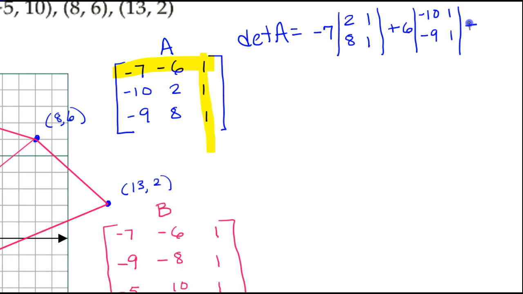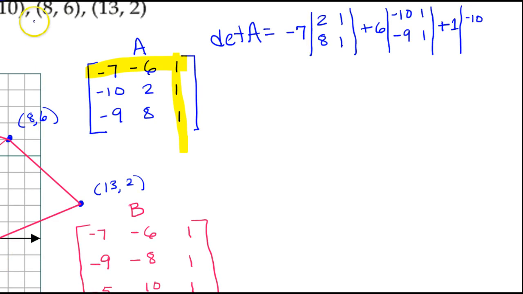So I will do +1, and then I will have the minor determinant, -10, 2, and negative 9, 8. All right, so I just need to do these calculations.